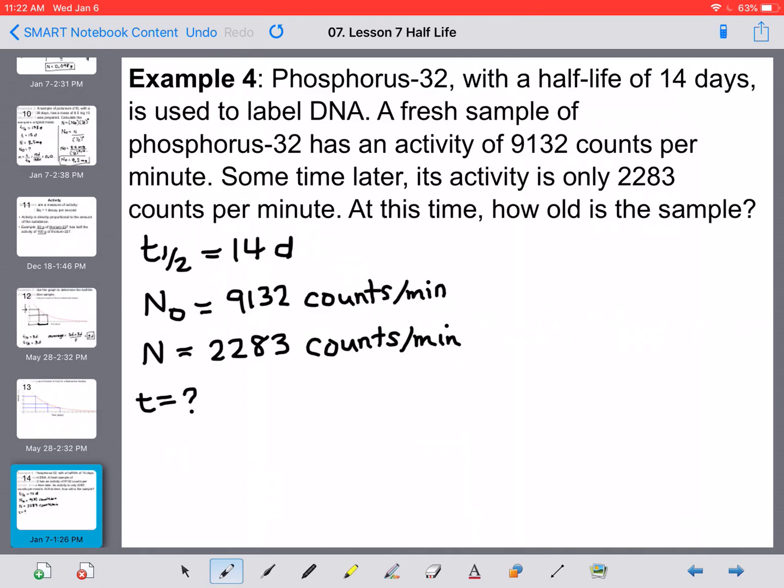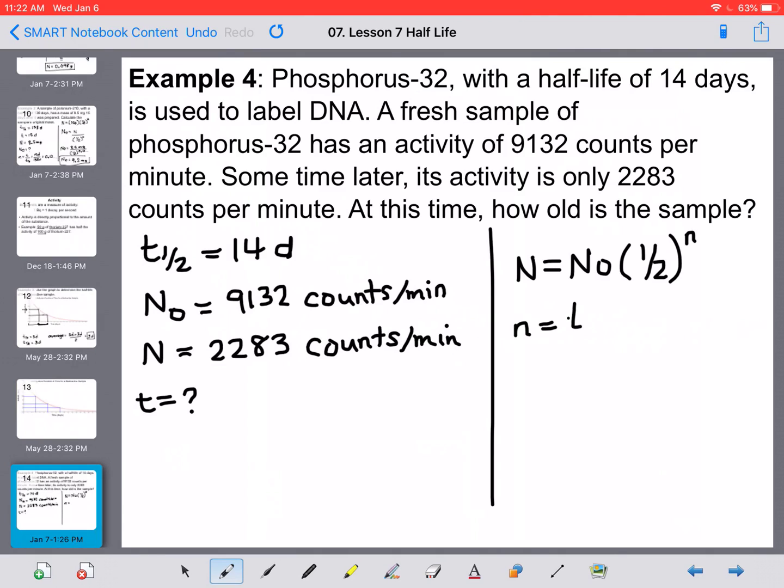Okay, now if we write down our formula, the idea here is if we can find out what little n is, then we can use little n to solve for t, because we also have this formula here. The problem is, in Physics 30, you're not expected to know what a logarithm is.